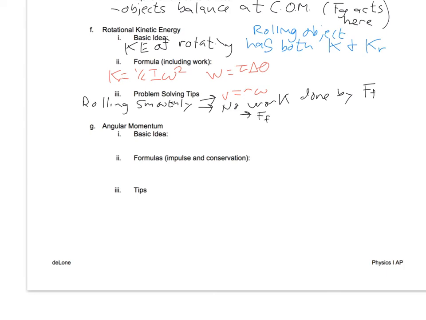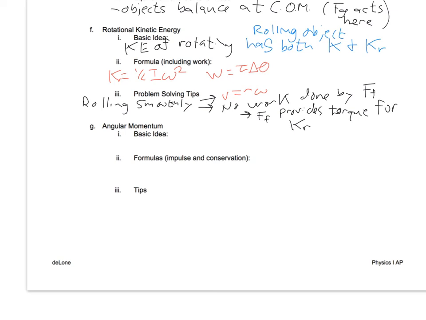Okay, what actually happens is F_f provides the torque needed to give the object rotational kinetic energy or take away the object's rotational kinetic energy. All right, and we've seen lots of examples of this, of what happens when we have a frictionless ramp. And basically, the object doesn't change its rotational speed. If it's already rolling, it keeps rolling. If it's not rolling, it won't start rolling.